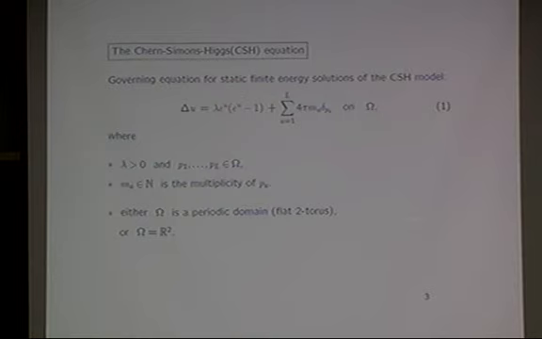So this equation is given on a two-dimensional domain, u is a real-valued function, lambda is a positive parameter, p1, ..., pl are points in the two-dimensional domain omega, and ma is the multiplicity of pa, and the domain is either a periodic domain or torus, or it equals the whole domain R2.